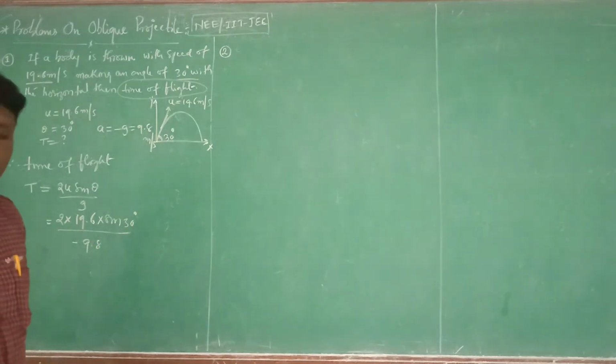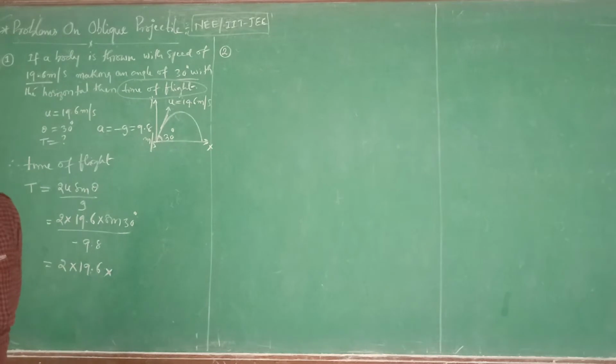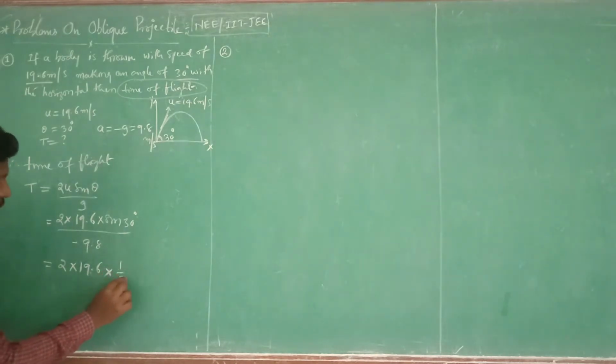Sometimes we can take g as 10 meter per second squared. Now this is 2 into 19.6 into sin 30, whose value is 1 by 2, divided by 9.8.